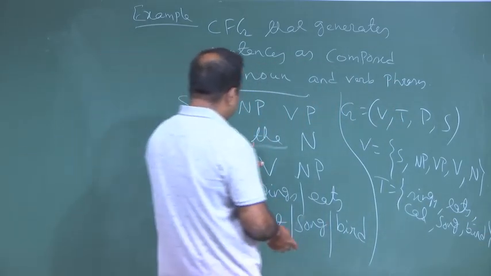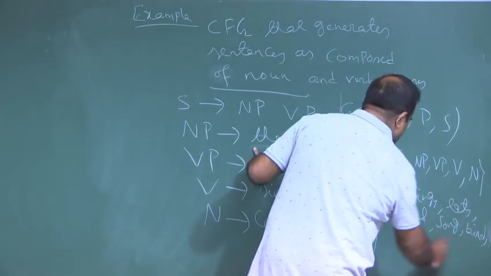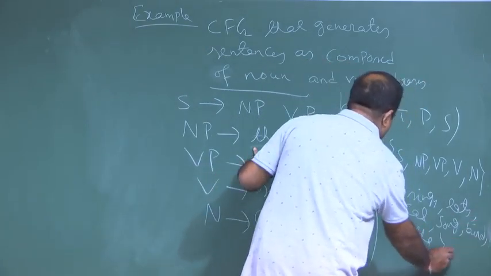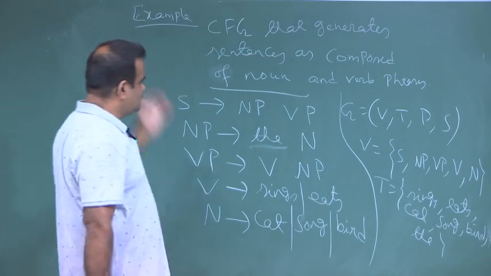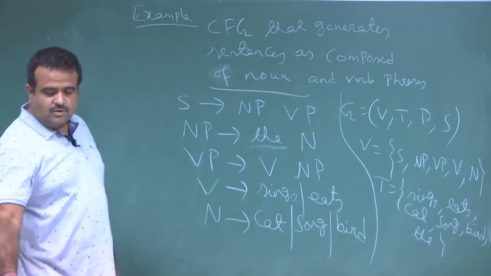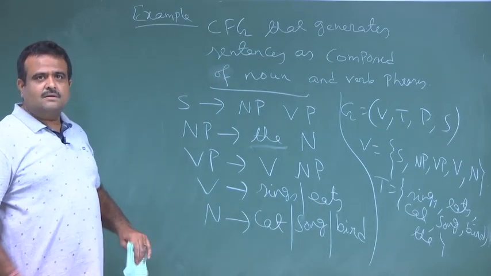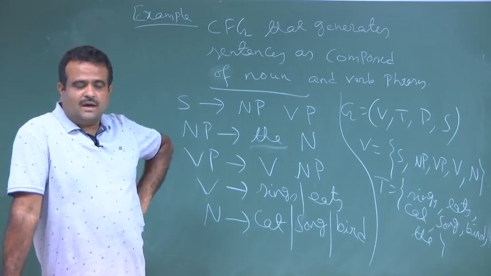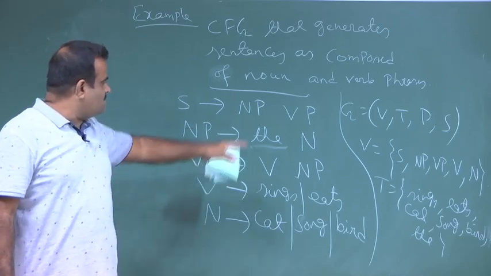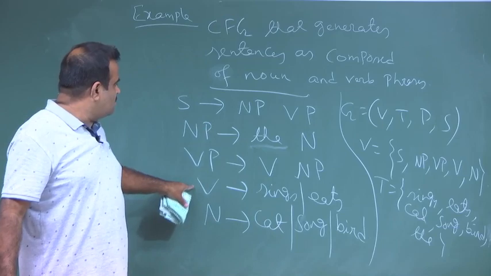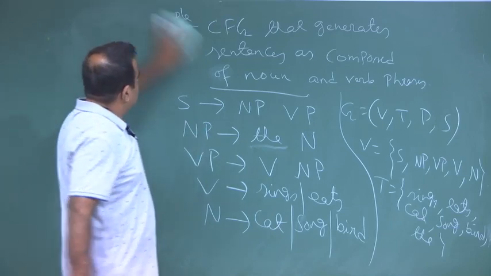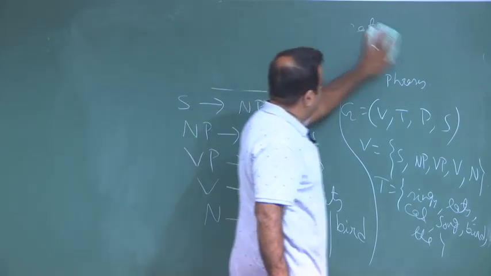The is also there. And S is the starting symbol. Now, we want to get some string of terminals which is generated by this grammar. So, let us try that.